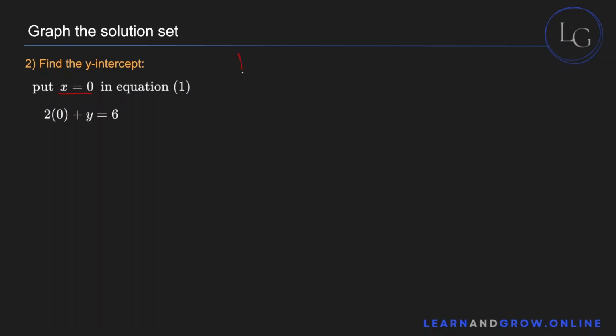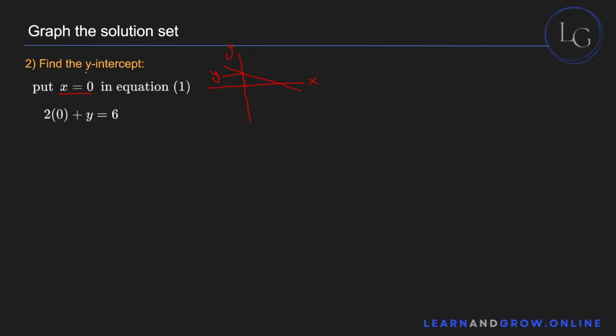You have this xy plane, right? So this is the x-axis and this is the y-axis. The y-intercept is, for example, if you have this particular line over here, this is the y-axis. Now you have a value for y, definitely, but what is the value of x over here? That's right, it's 0.